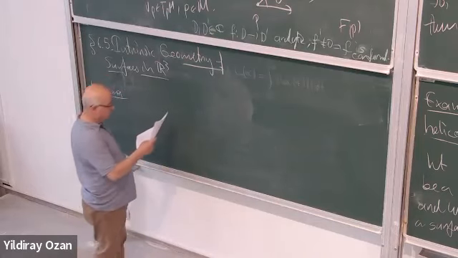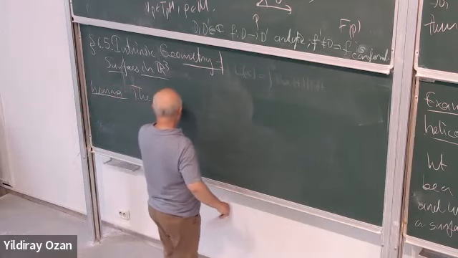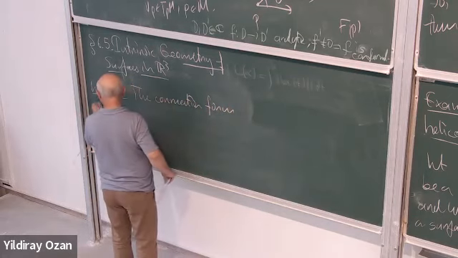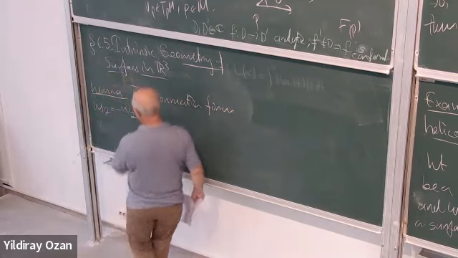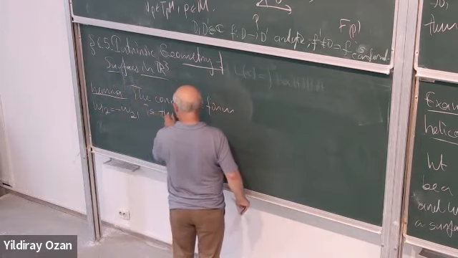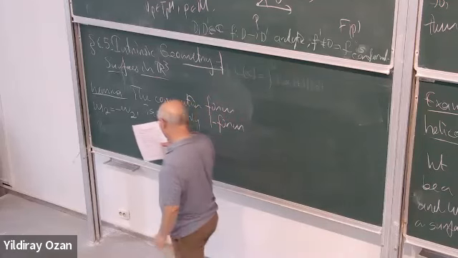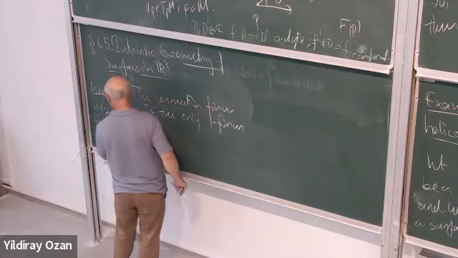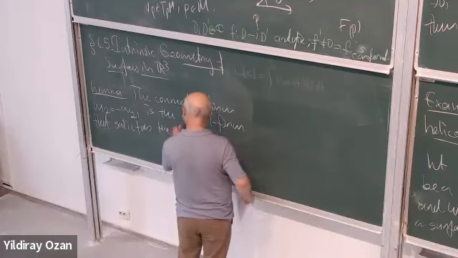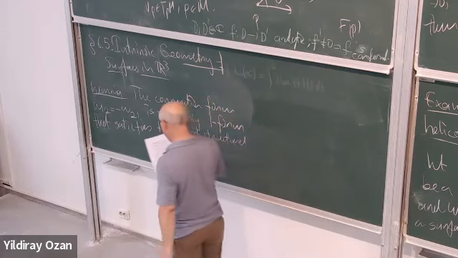Okay. First, we have an easy observation. The connection form W12, which is of course equal to minus W21, is the only one form that satisfies the first structure equations.